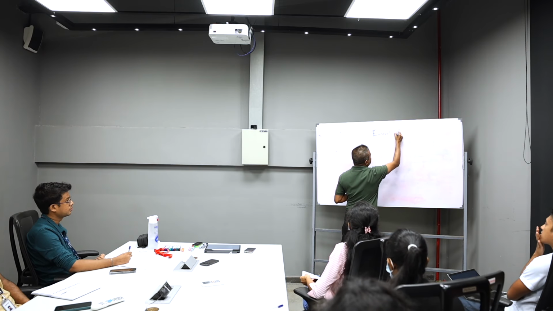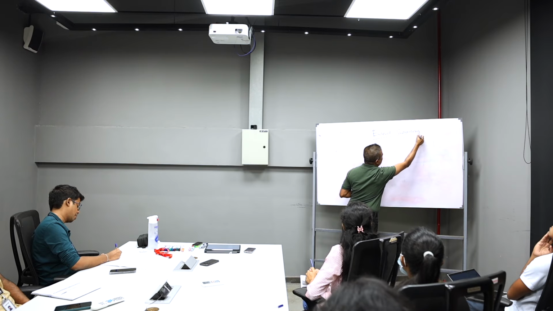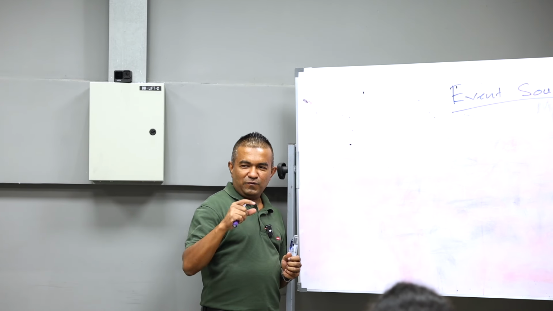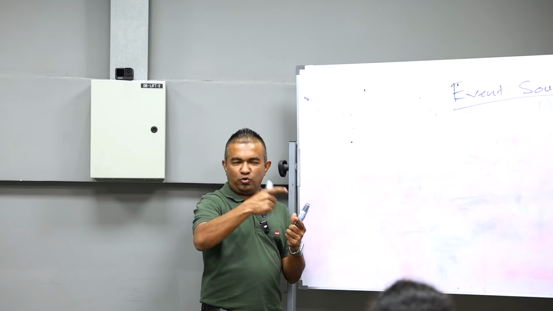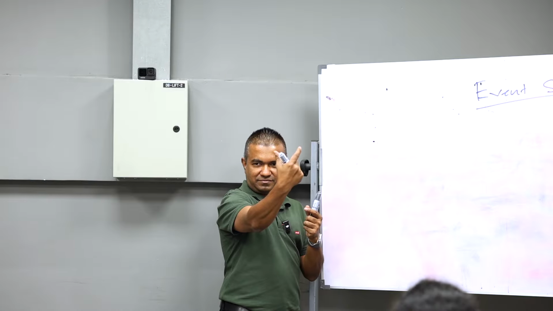So, this one is called event sourcing. Okay, event sourcing. This is how it works. See carefully. Now, in a Saga we learned, we emit an event, order created, right?